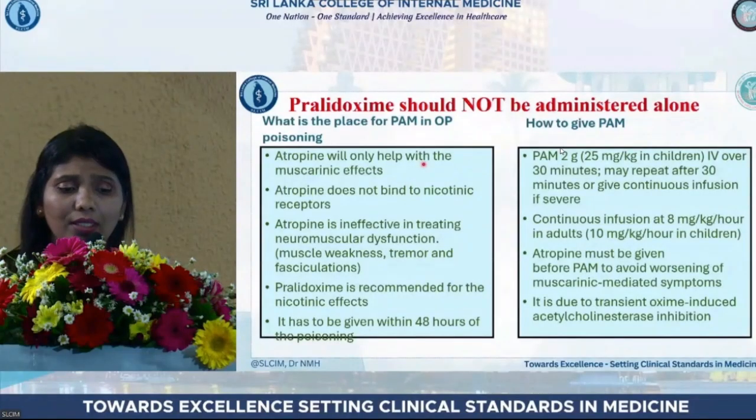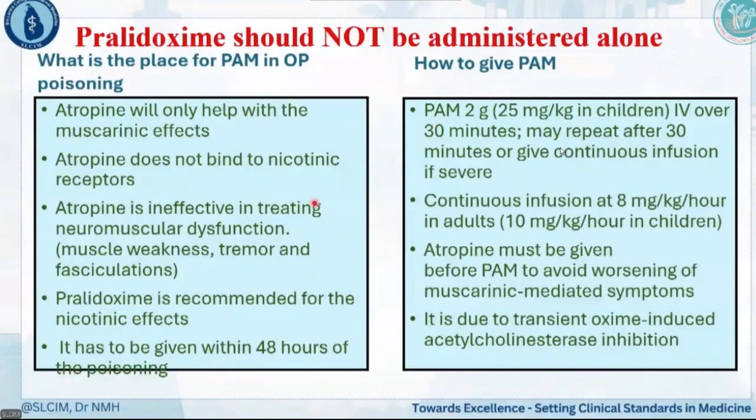And then you might ask, why not PAM? Okay, so there are no good studies to compare the survival benefits, because there is no survival benefit of giving PAM. That's why, at the moment, we are not giving PAM. But if you are giving PAM, you have to give atropine first. Atropine must be given before PAM, because PAM might worsen the muscarinic mediated symptoms. And again, atropine is usually ineffective in neuromuscular dysfunction.